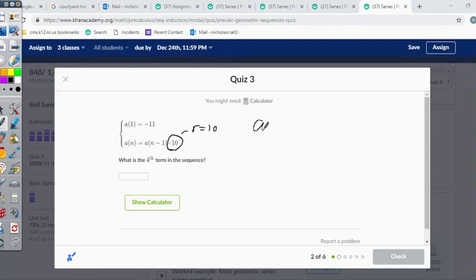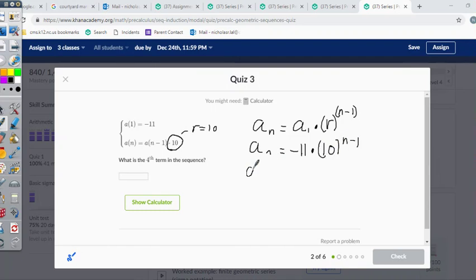So a n is equal to a1 times r to the n minus 1 power. So a n is equal to a1, which is negative 11, times r, which is 10, to the n minus 1 power.